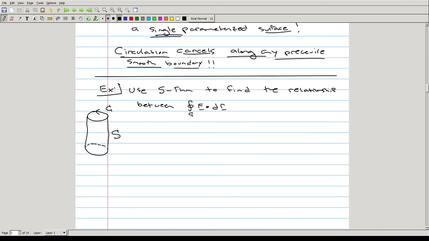So S is the bottom boundary and the side boundary, but not the top. So we'll say, what's the relationship between the circulation around this curve right here and the flux, or the curl, the flux of the curl on S?